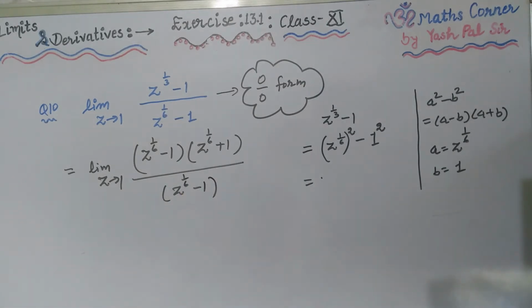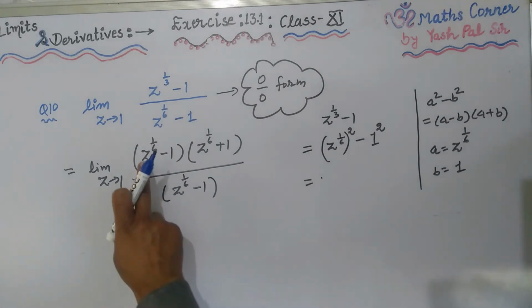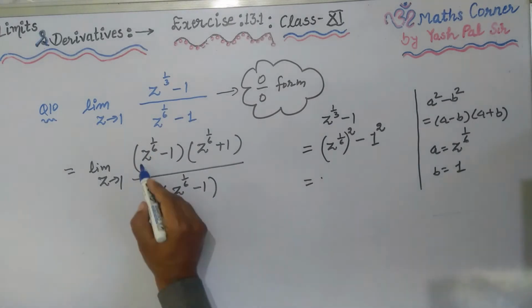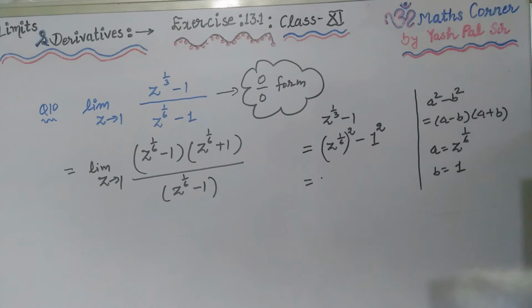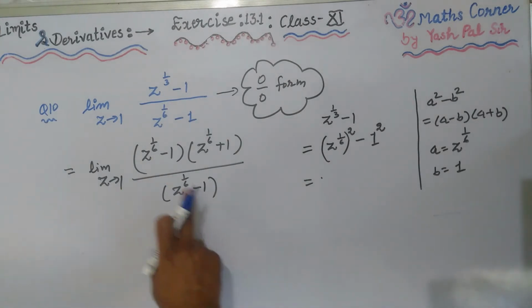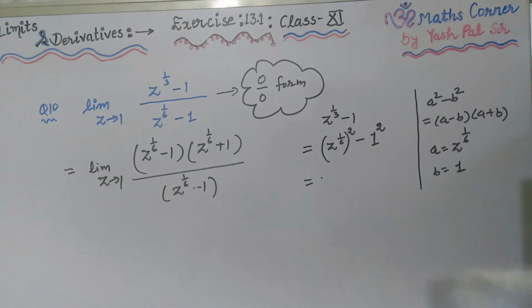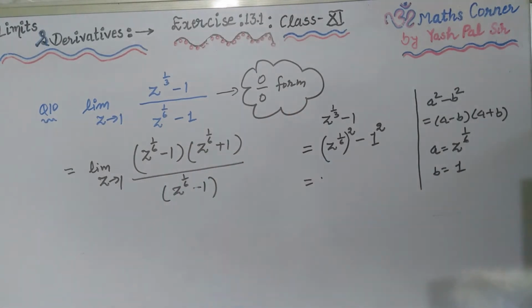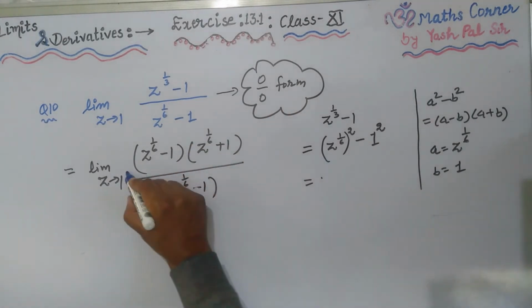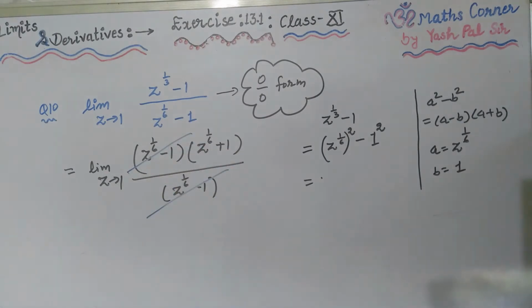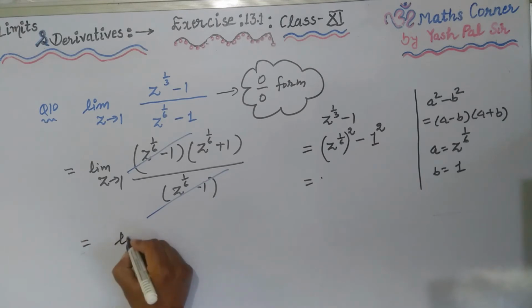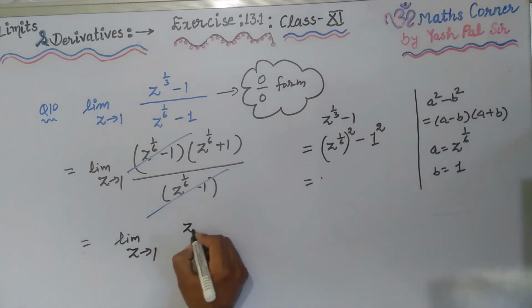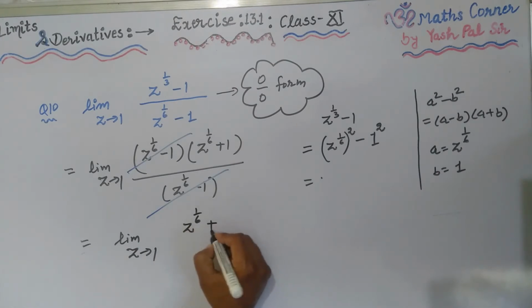Okay, now it is clear that in numerator and denominator, this one common factor we can cancel. This was the reason this was making the whole function into 0 upon 0 form. So if we cancel this factor, what is left? We write here limit z approaches to 1, z raised to power 1 upon 6 plus 1.